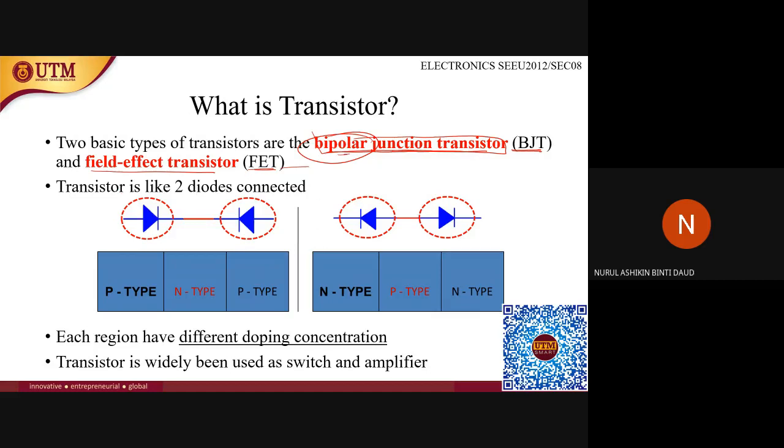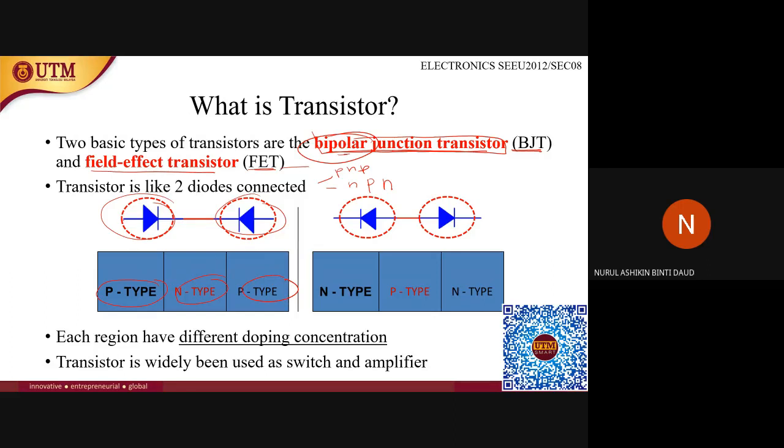So a transistor is like two diodes connected. It has two types, PNP and NPN. PNP means a combination of P type, N type, and P type.